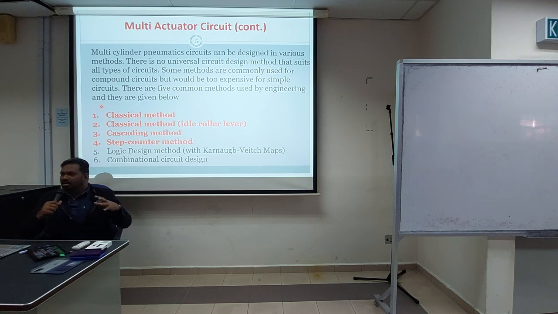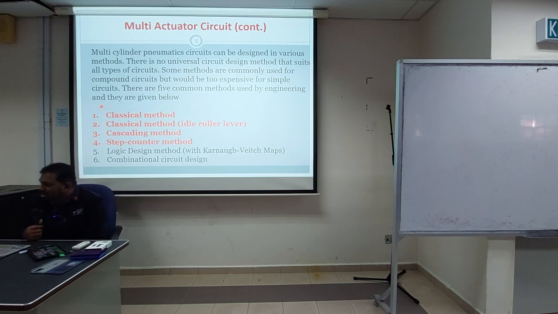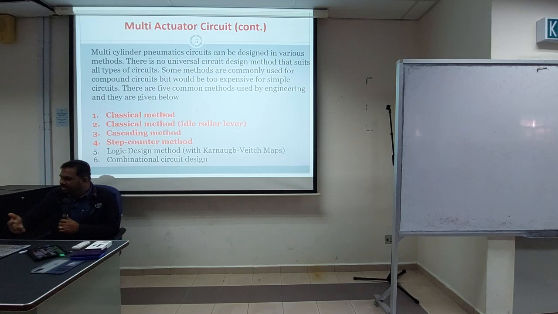But if you have a lot of sensors, a lot of roller valves, a lot of cylinders, the classical method can be confusing, because you won't know which one to put where. So the classical method is the normal way of designing, for simple circuits.